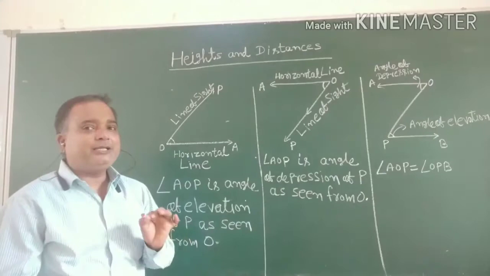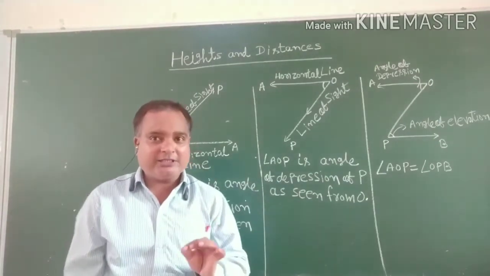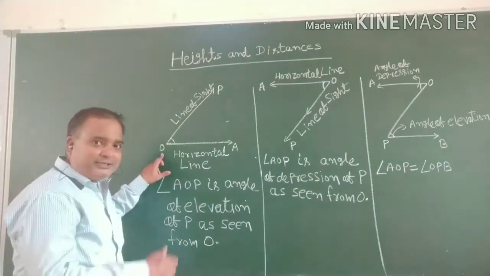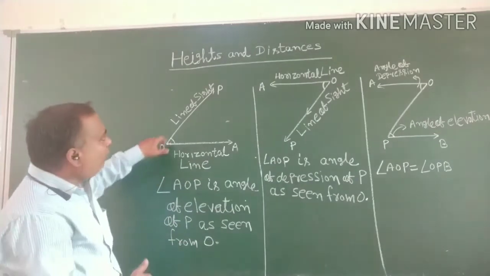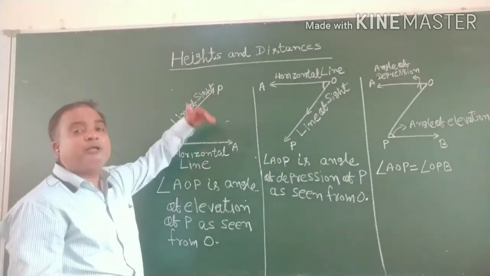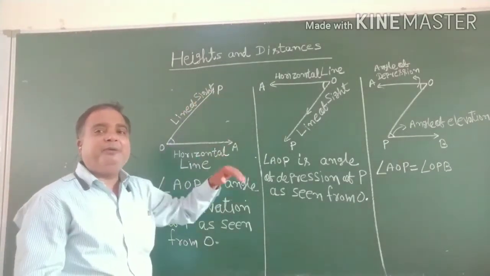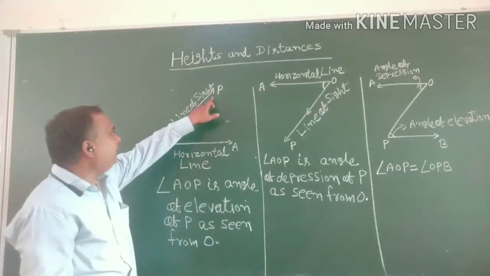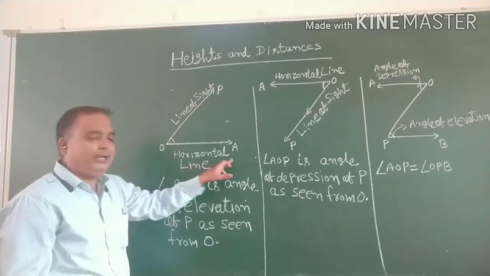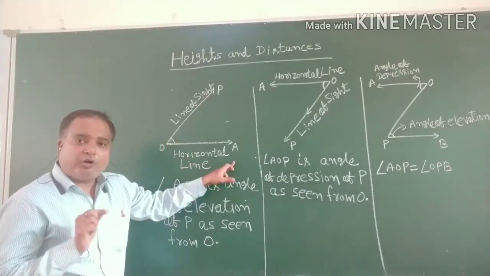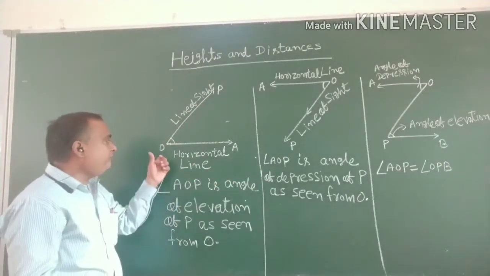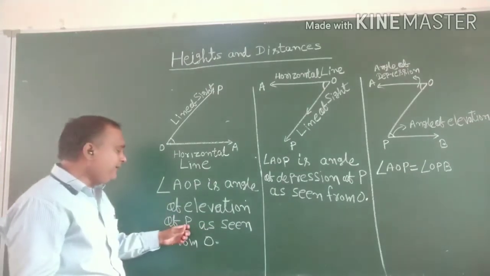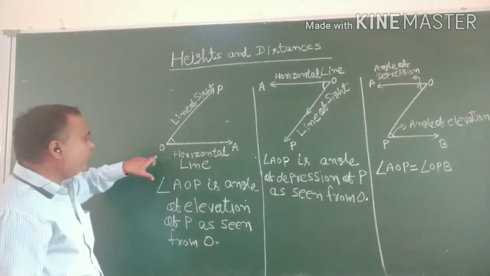In angle of elevation, the observer is at ground level, and the object is at some particular height, it may be in meters or centimeters. So angle POA is the angle of elevation of point P as seen from the point O.